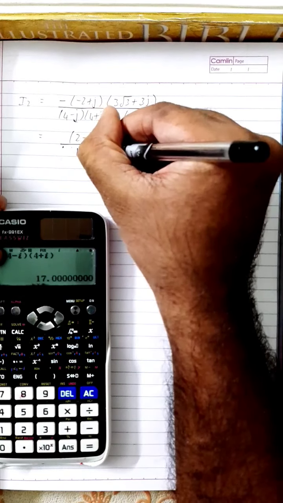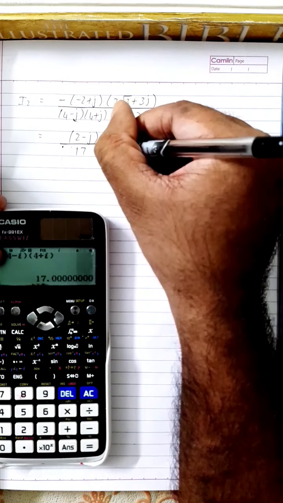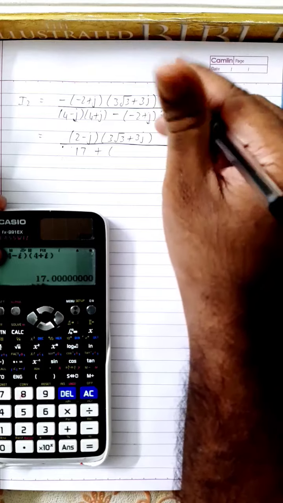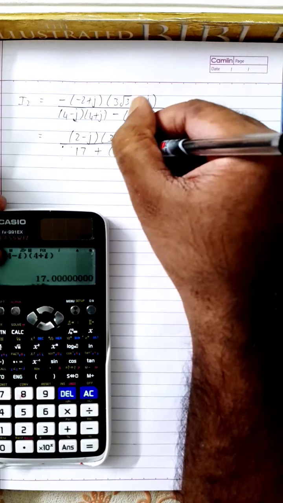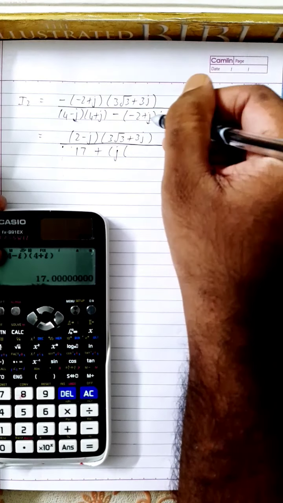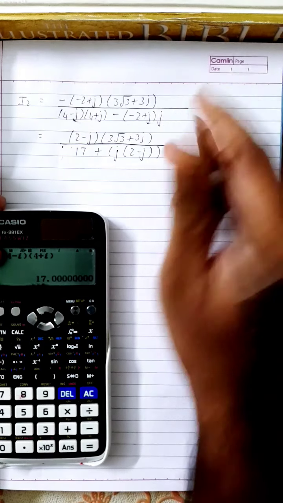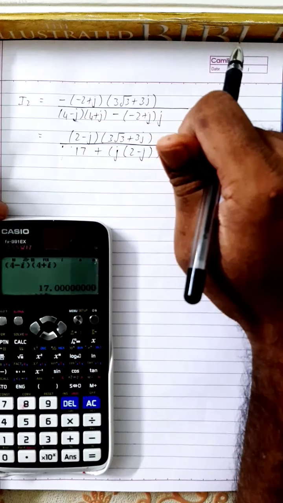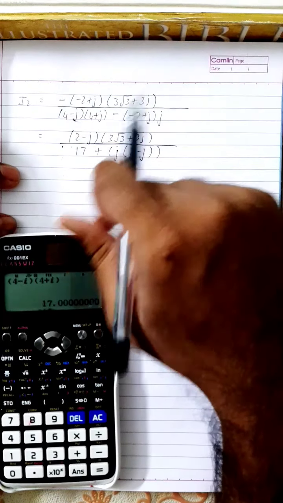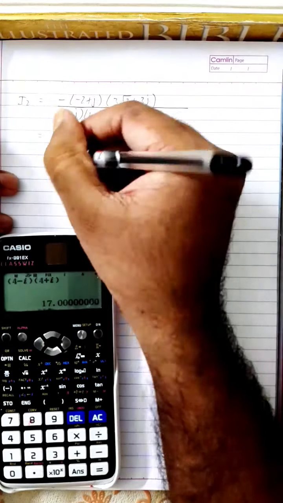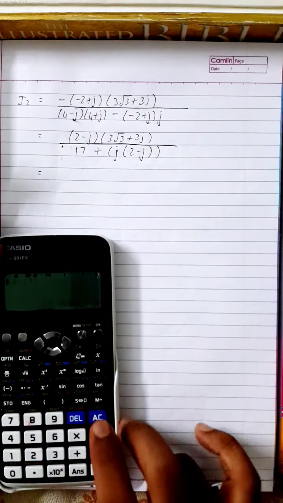So this is 17 plus J into 2 minus J. I can write it like that, right? So what's the numerator value?